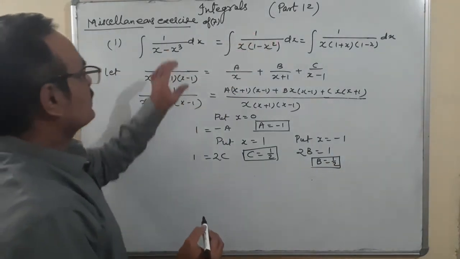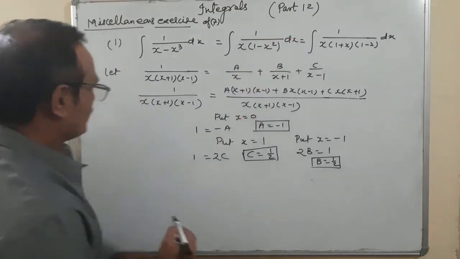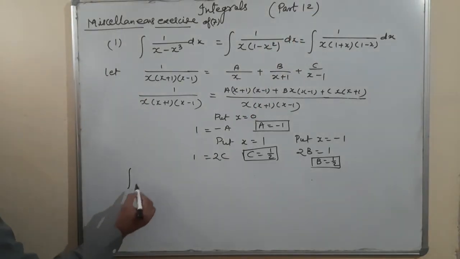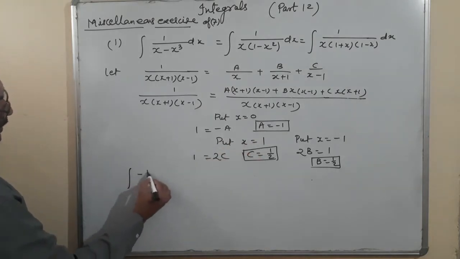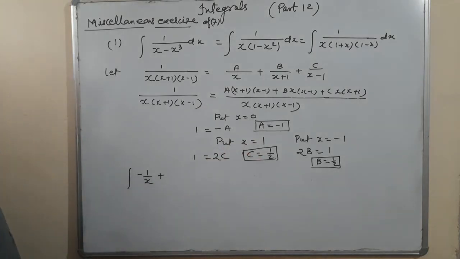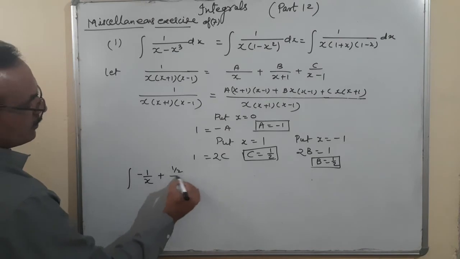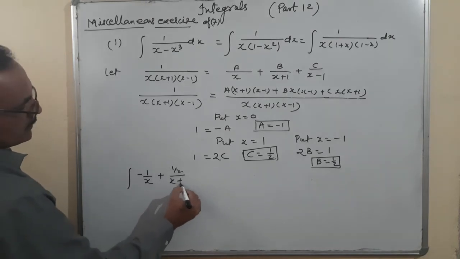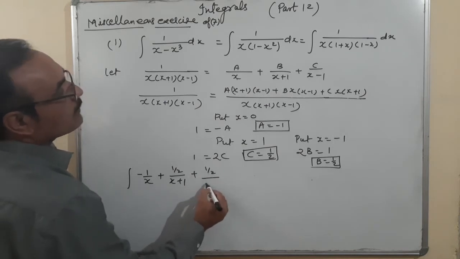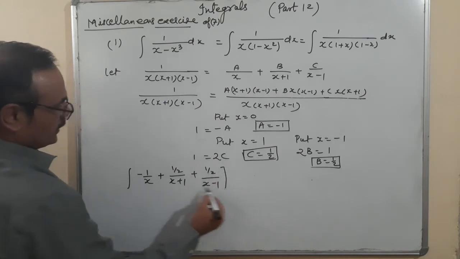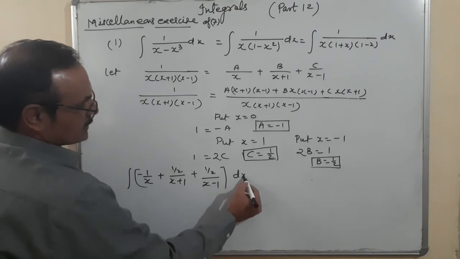That means this term can be written as a upon x, that is minus 1 upon x, plus b upon x plus 1, that is 1 upon 2 times 1 upon x plus 1, and plus c, that is 1 upon 2 times 1 upon x minus 1. Now nothing is left, only integration.